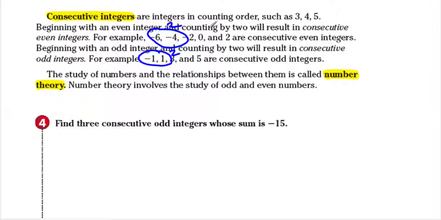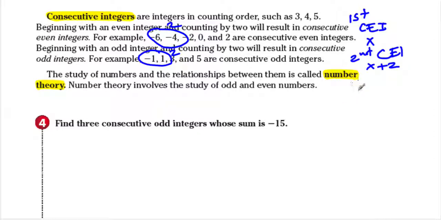Okay, so if I am going to represent, for example, my first consecutive even integer, CEI, if my first CEI is x, if I represent that with x, my second CEI, or consecutive even integer, since the difference is 2, would be x plus 2.